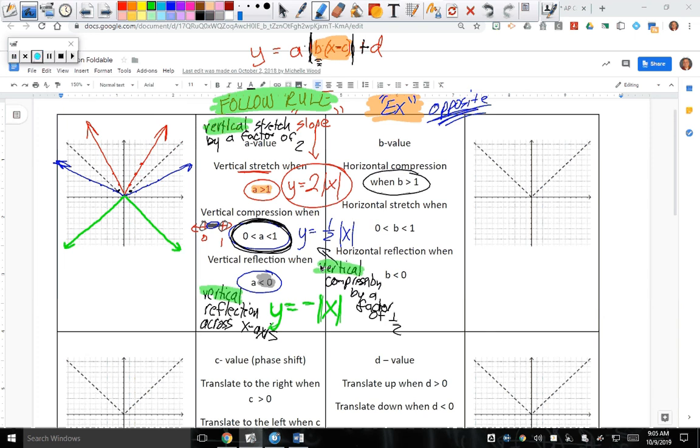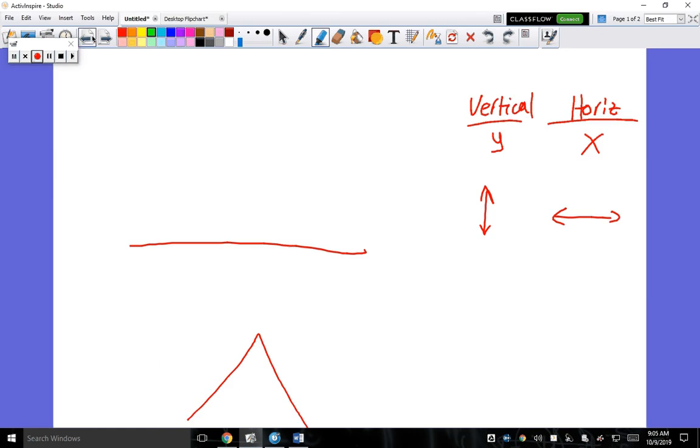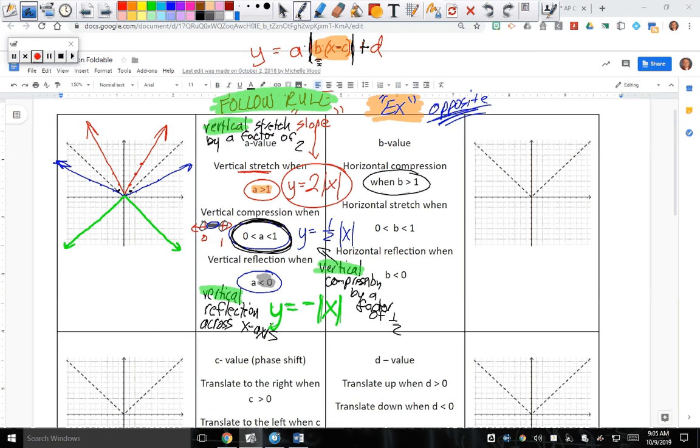And that goes back to what I was showing you at the very beginning: vertical versus horizontal. Vertical meaning up and down. Horizontal meaning left and right. So this is going to be a horizontal.